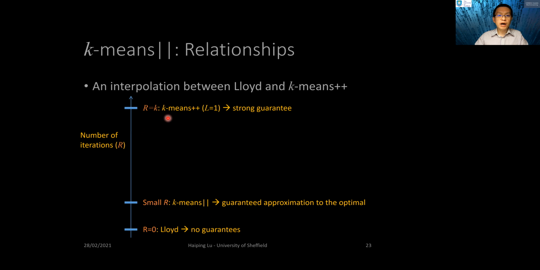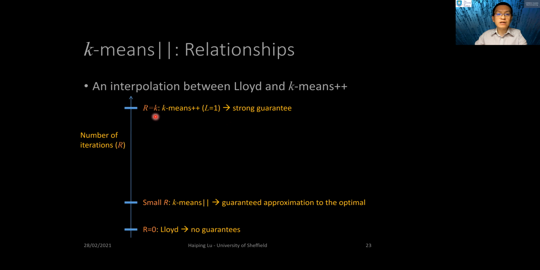And if we have R equal to the number of clusters K, and also L equal to 1, then, as we said, to be k-means parallel we need L greater than 1, so this is the degenerate case where L equals 1. If we do K iterations, then this degenerate version of k-means parallel is exactly k-means plus plus.